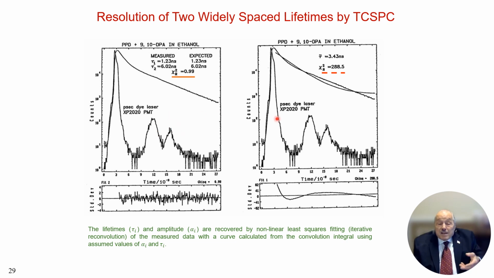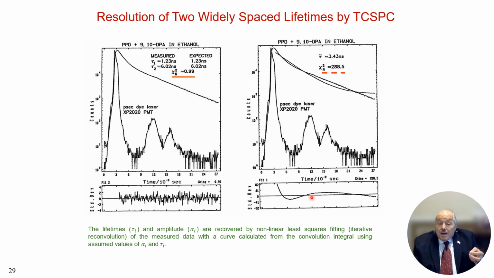And here we have a mixture of two fluorophores, one with a lifetime of 1 nanosecond, the other with a lifetime of 6 nanoseconds. The way you do the analysis is first you try with a single exponential decay. And when you look at that, you can just see that the data and the calculated decay don't match anymore.